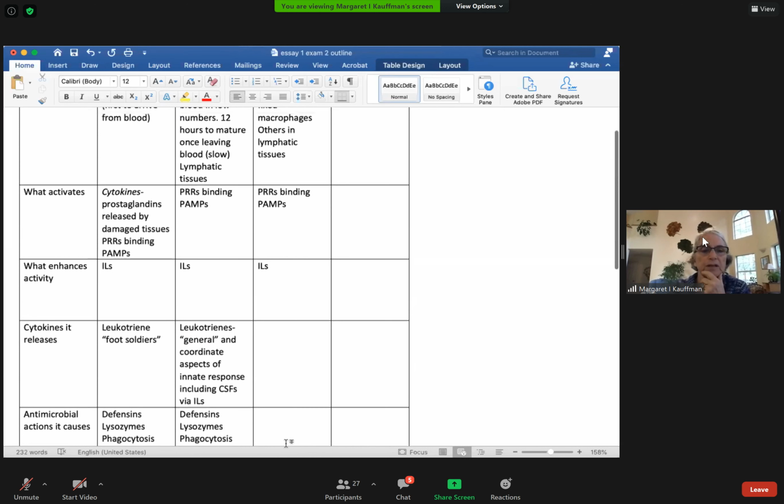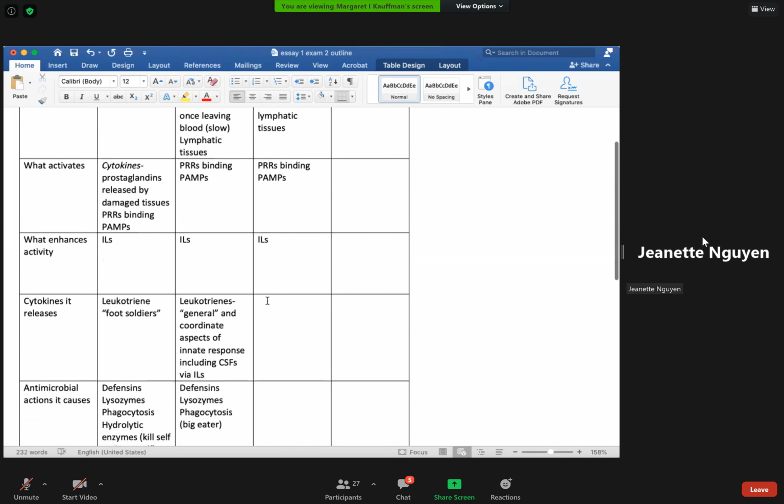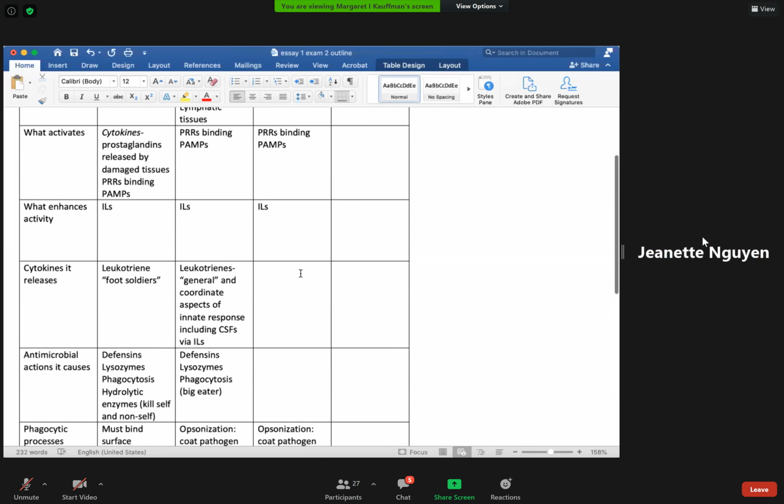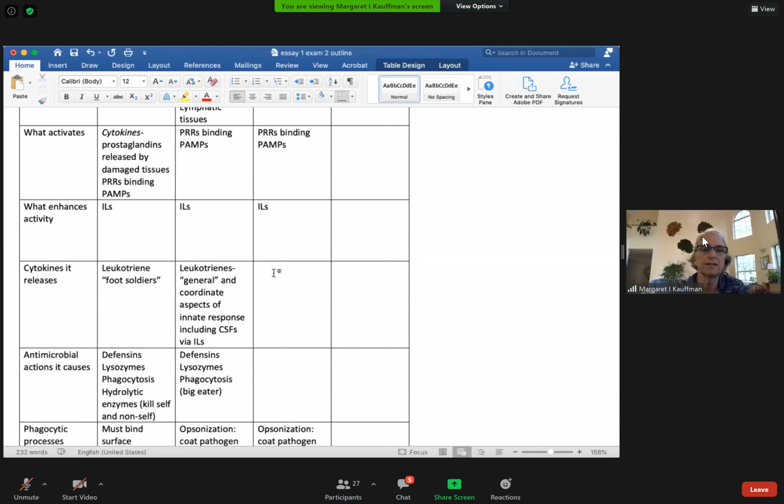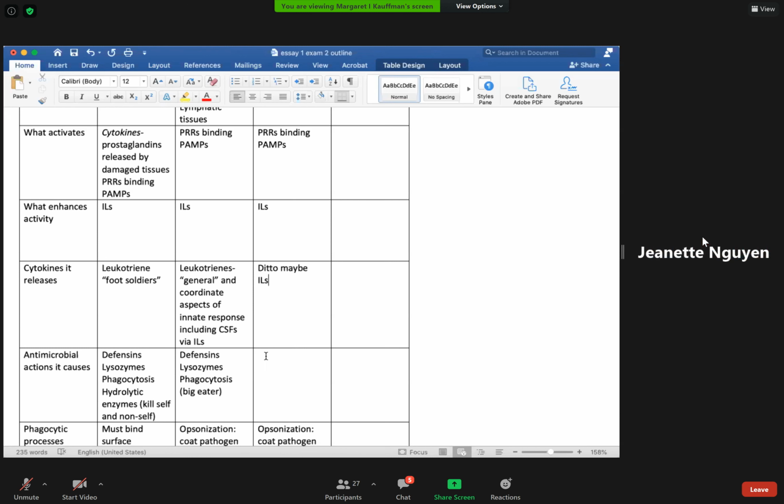So what about these other blanks? Again, not clear if leukotrienes, but I wouldn't be surprised. I'll just put ditto, maybe, or everything to the left. But they are certainly sensitive to interleukins, and we'll talk more about that when we get to the adaptive response.